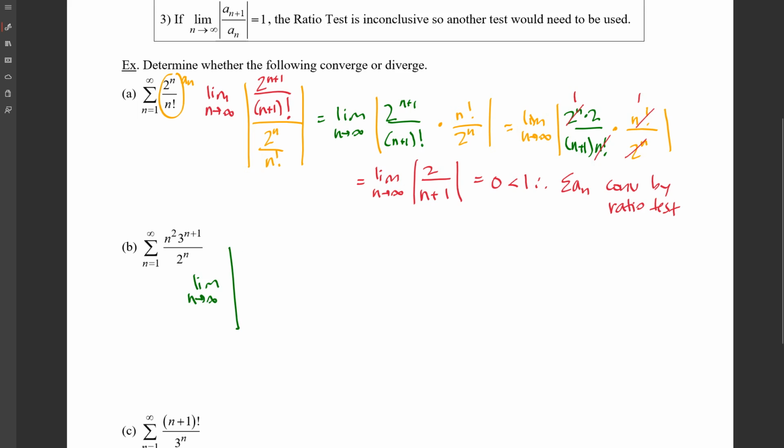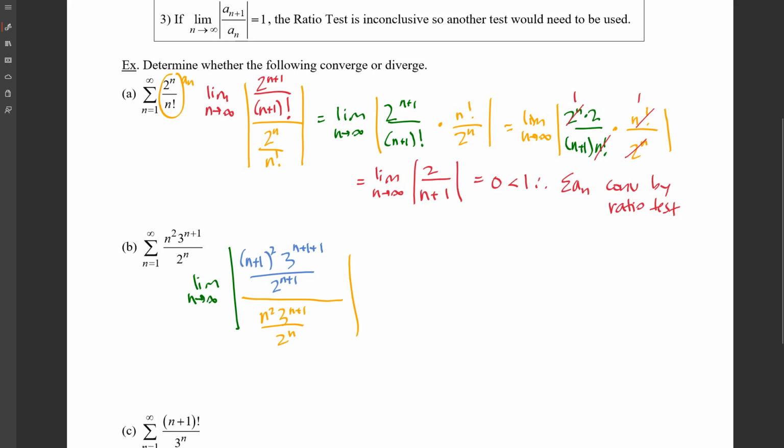So this becomes the quantity n plus 1 squared, 3 times n plus 1 divided by 2n plus 1. And then I'm going to divide this whole a to the n plus 1 expression by a to the n. And a to the n is just rewriting the original problem that I had.